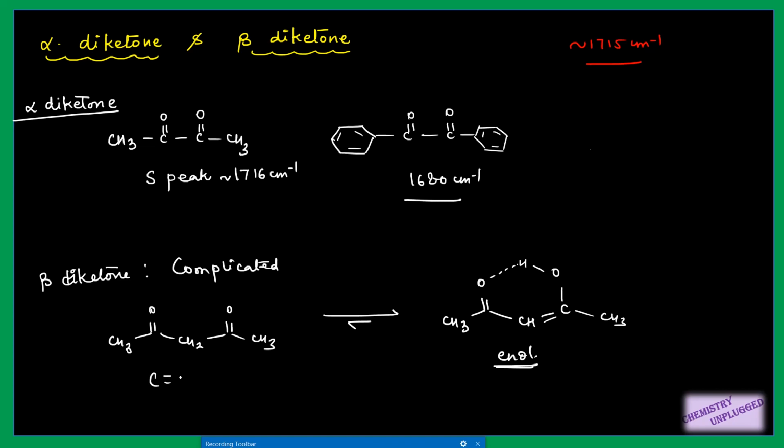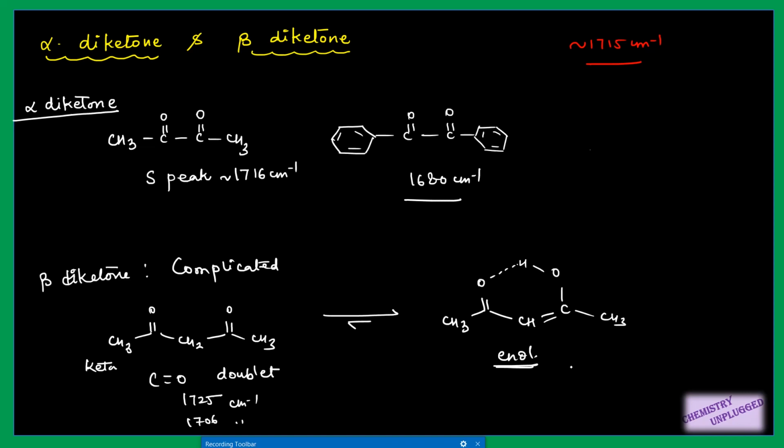Suppose for the keto form, it will show a doublet, and this doublet is close to 1725 and 1706. You will get two peaks for this, right, at these positions.